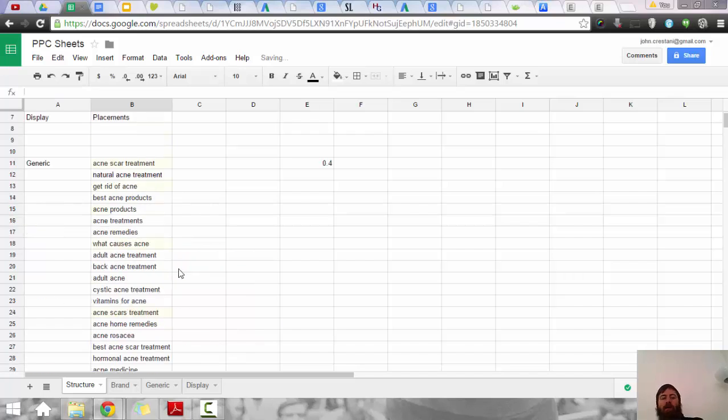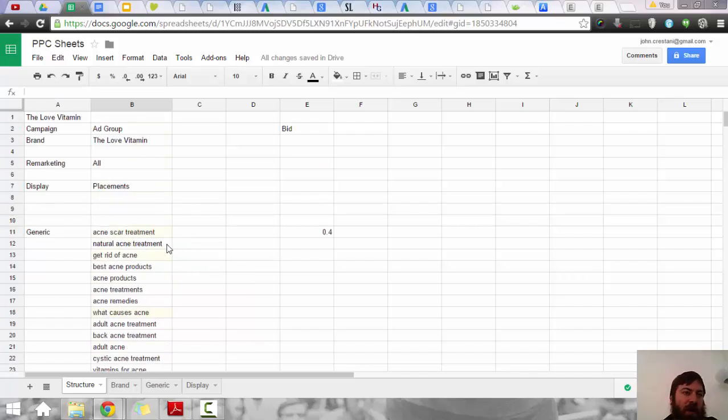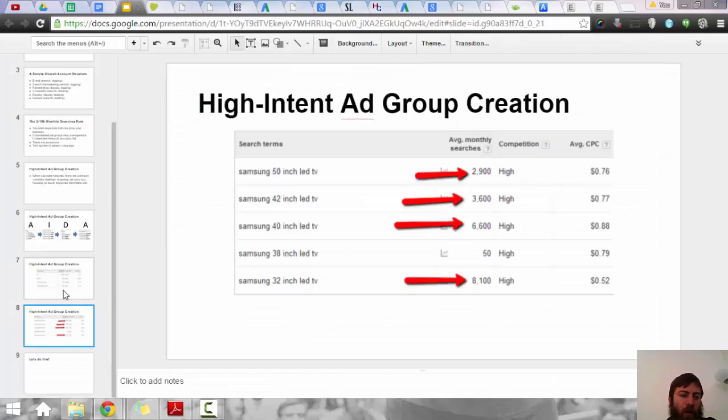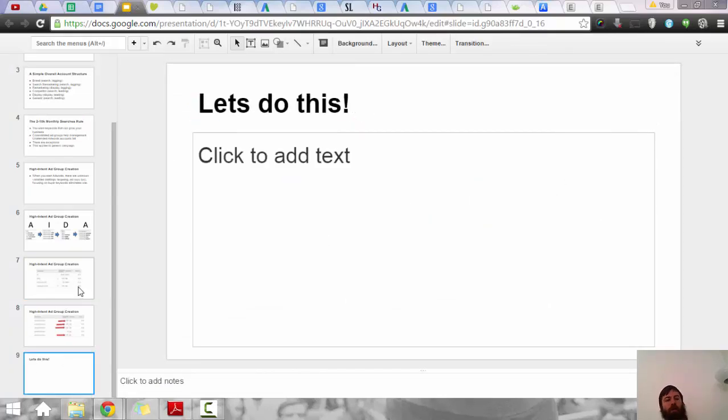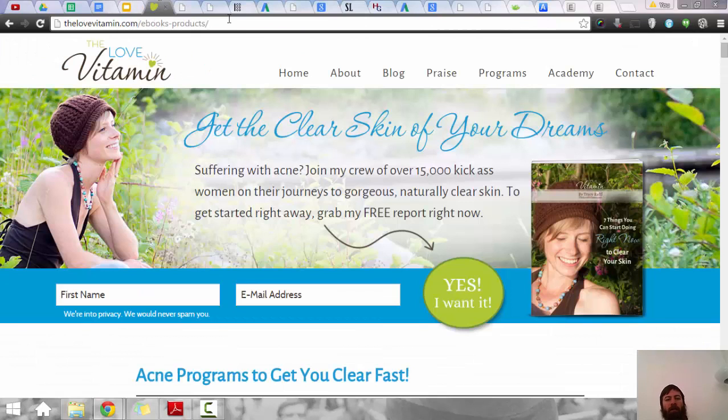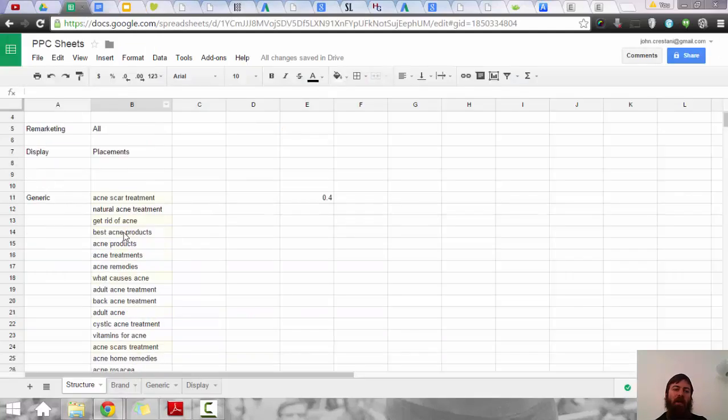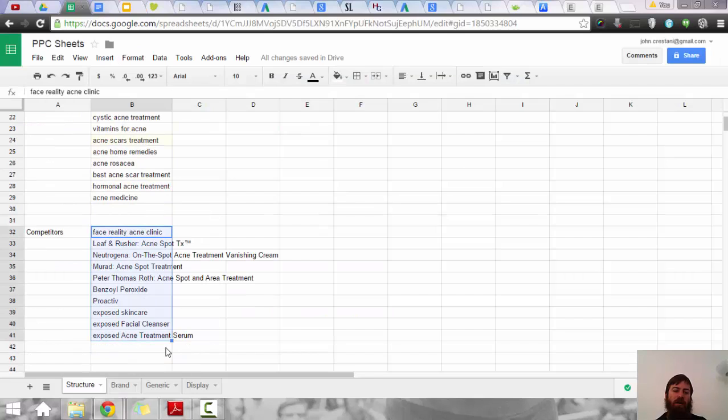So what we're doing is we kind of shifted on the Love Vitamin and are looking at some competitor terms. Obviously we can get generic terms working, but one thing we can really do is target these specific products and find places where people aren't advertising, to really do well.